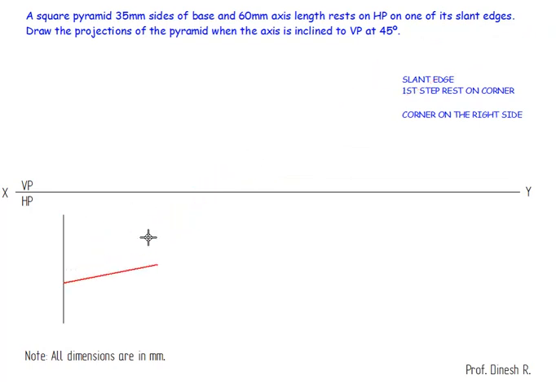This is important: if you draw the first step wrong, if you make some rhombus or parallelogram in the top view, the entire problem you solve will not be a square pyramid. So this is very important. First thing is draw the square properly. So this one, the side length is 35. So I'm going to tilt this to an angle of 45 degrees.